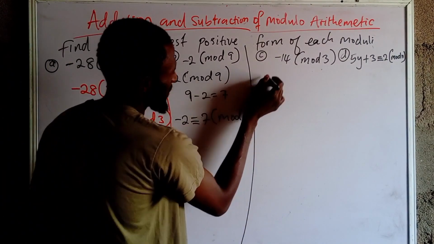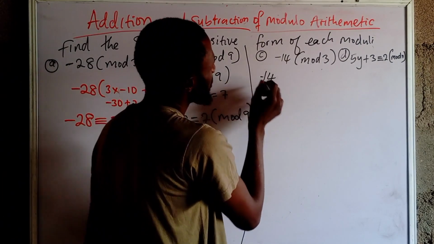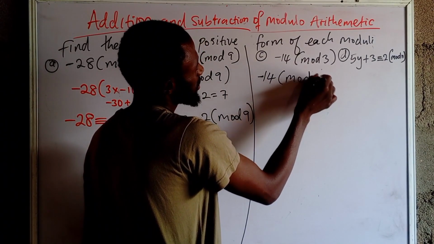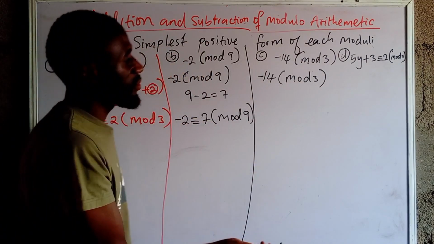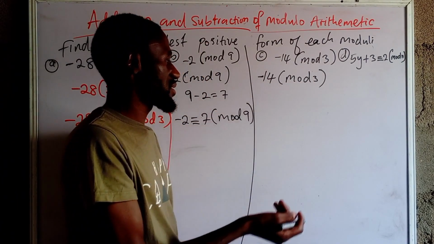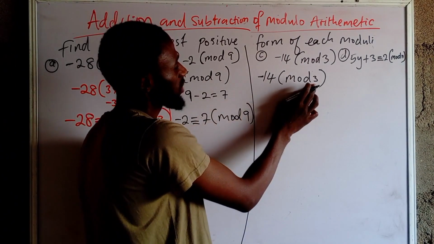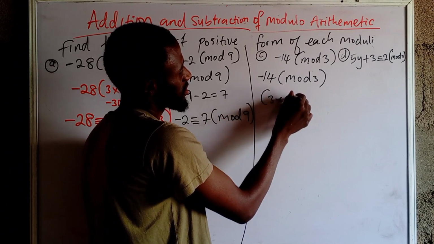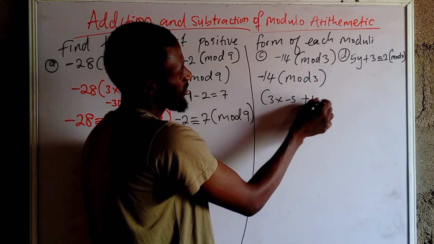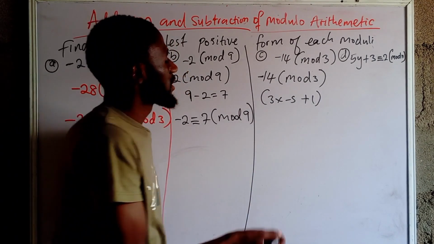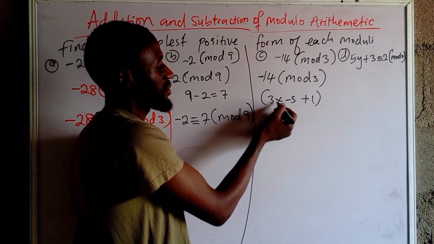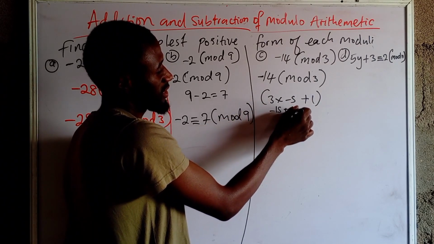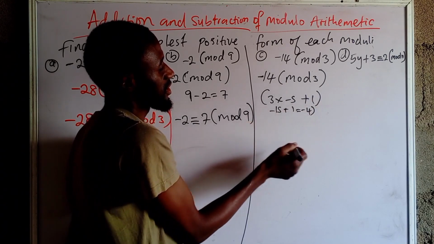Okay, let's solve the question here. Minus 14 mod 3. Let's find the number that gives minus 14 here. Since we are dealing in mod 3, we can say 3 times minus 5 plus 1. 3 times 5 is 15, 3 times minus 5 is minus 15, plus 1 is equal to minus 14.